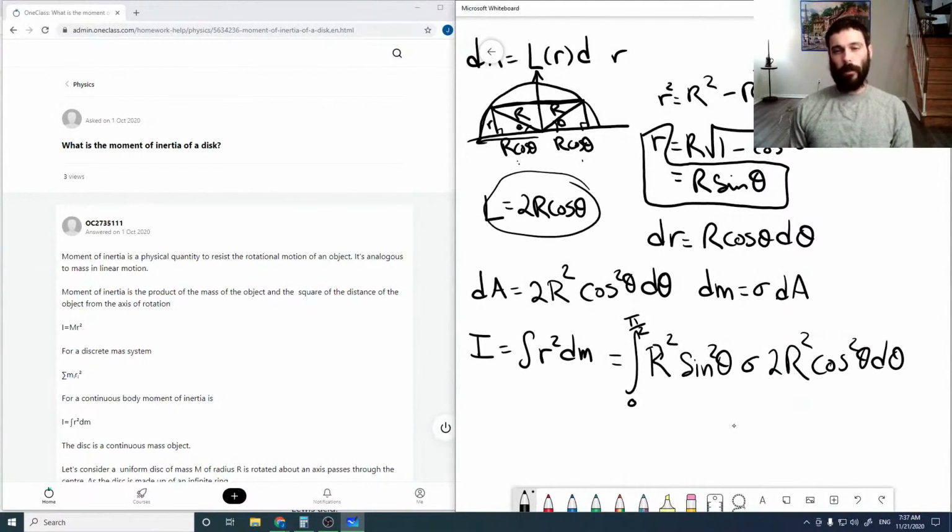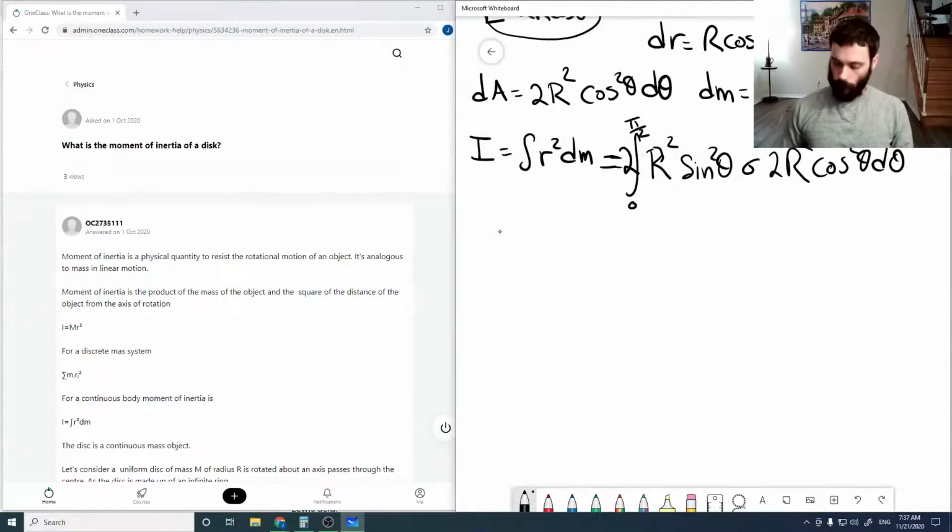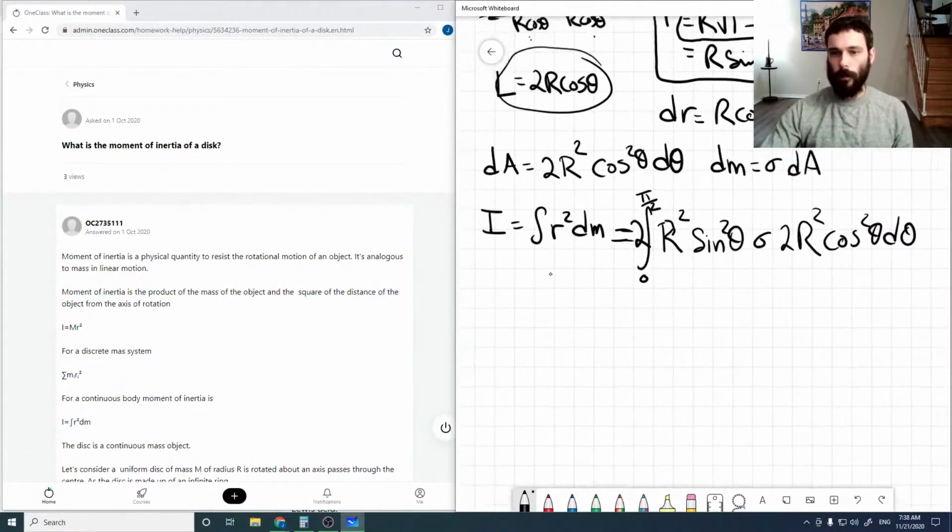And the only other thing to consider here is that only covers half the circle, so our moment of inertia will actually be twice this, because we need to consider the other half of the circle. So we need to double the whole thing. And then continuing this forward.